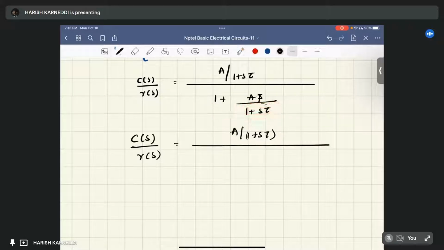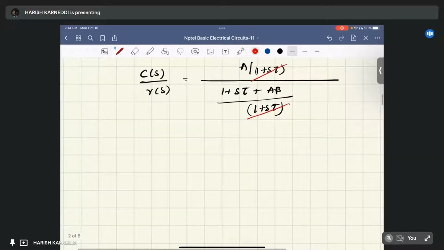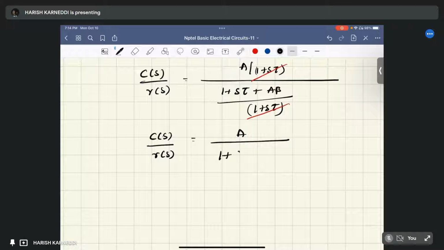So it will be 1 plus s tau plus A beta by 1 plus s tau, right? So 1 plus s tau and 1 plus s tau will be cancelled. So C of s by R of s equals A by 1 plus s tau plus A beta.